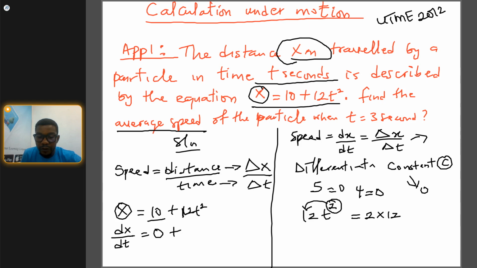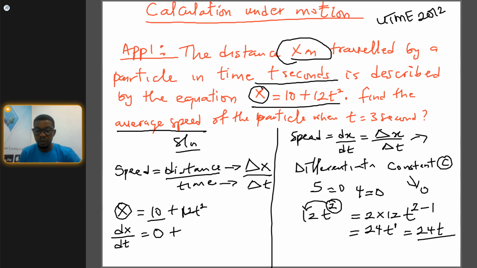Then we have the t, and the initial power, which was 2, we write as 2 minus 1. You have to take away 1 from the power. If I multiply this, I will have 24t raised to power 1, which is also 24t. So the differentiation of 12t squared gives us 24t.